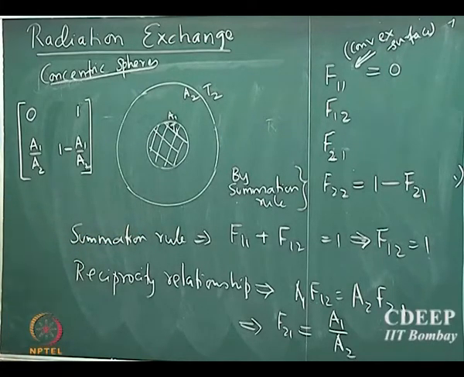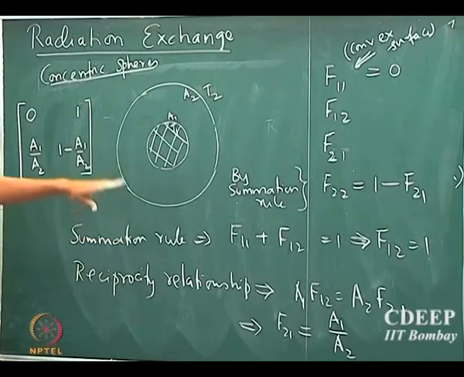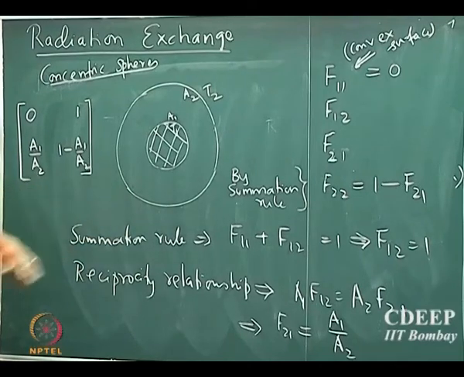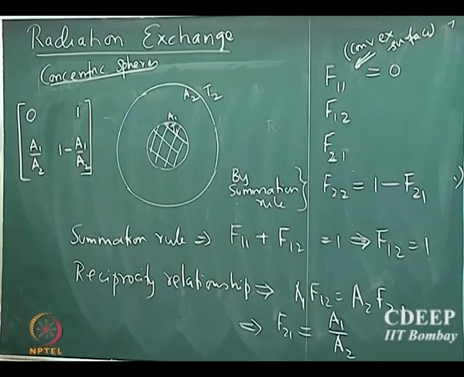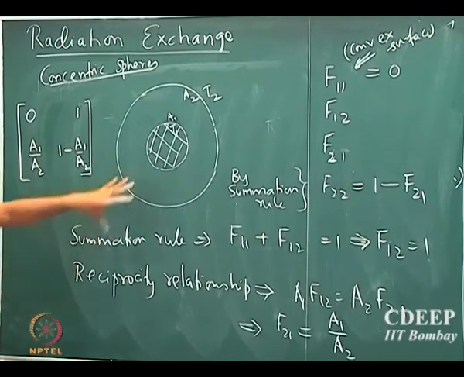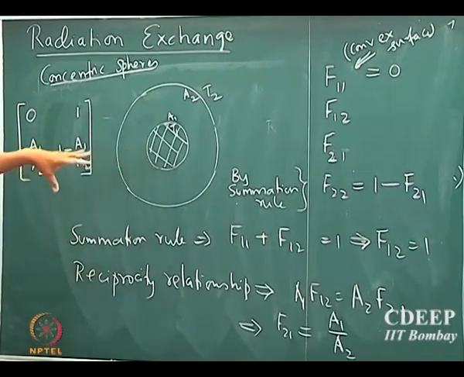Depending upon the system, you may have to integrate, you may not have to integrate. I will show you some other example in a short while where there is no other way other than to integrate the expression to get the view factors. So you first have to intuit the geometry and see whether we can find the view factors without doing the gory integration.